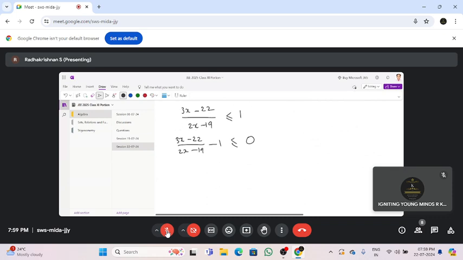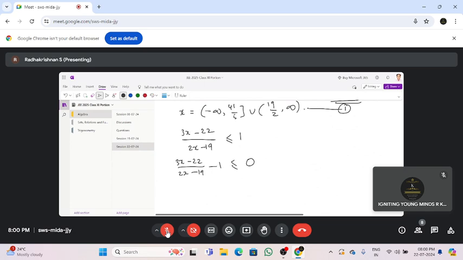So in the same way, please continue to work on this and tell me what range you are getting. If anybody has done, please raise your hand and share what you have got.